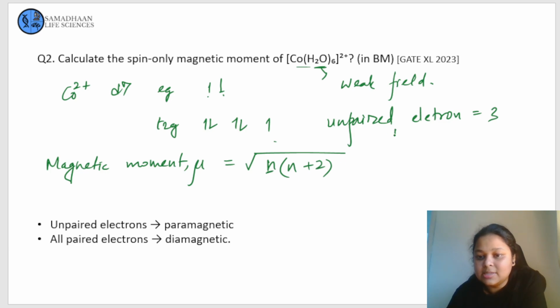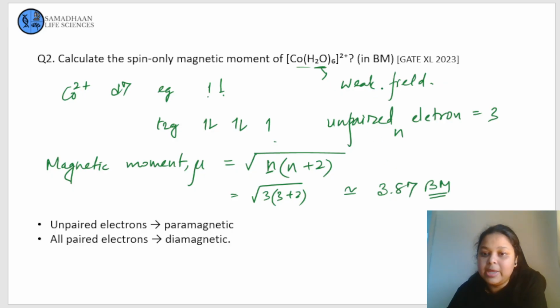What's n? n is the number of unpaired electrons. So here root over 3 into 3 plus 2, and this will come to around 3.87, and the unit will be Bohr magneton, BM, and the question also asked in BM. So if you see any question related to the magnetic moment of these coordination complexes, use this formula, root over n into n plus 2. Easy, right?